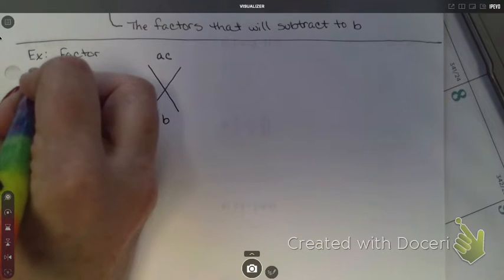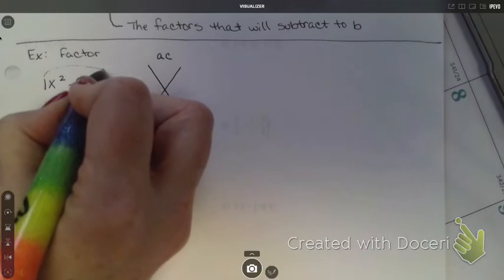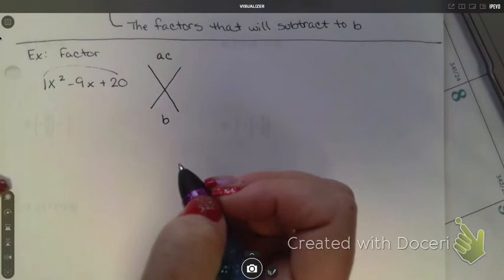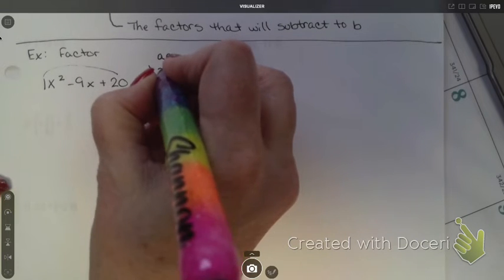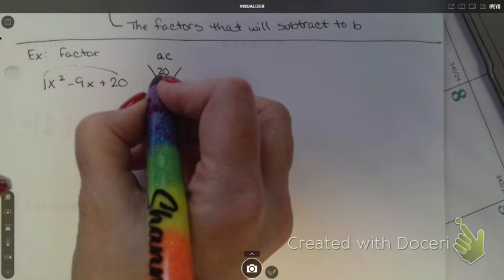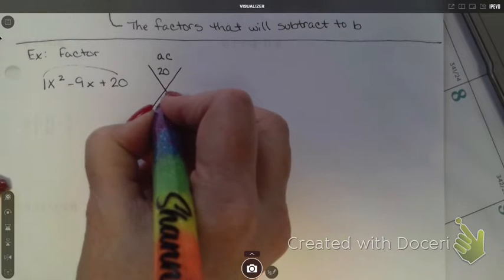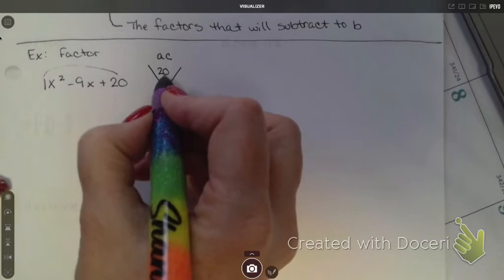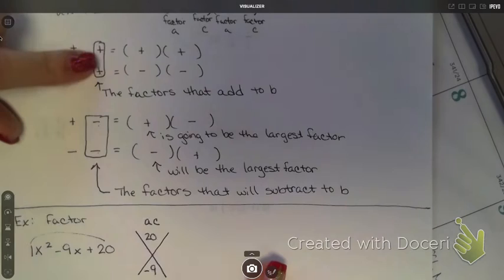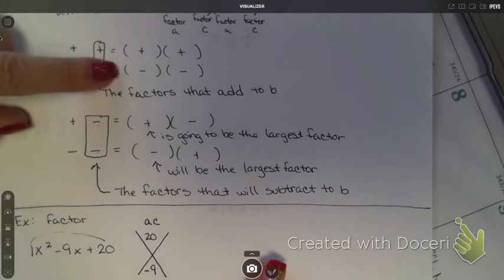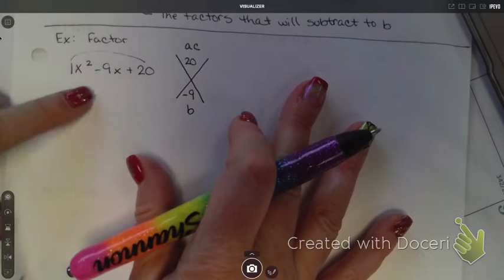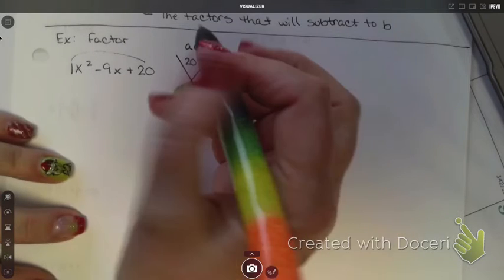So 1 times 20 is 20, and it's positive. Then we put b, so it's negative 9. Since the 20 was positive, both of my factors are going to be what the middle factor is. So what is the middle factor? Negative. So they're both going to be negative.